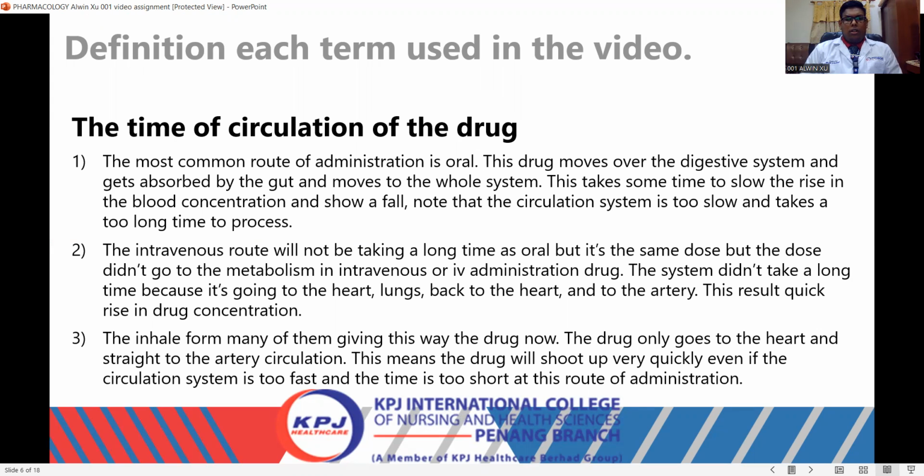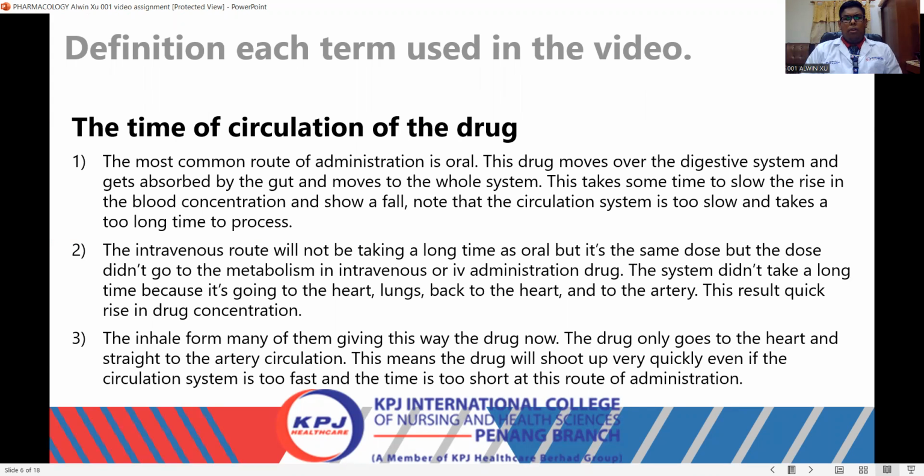The intravenous route does not take as long as oral, though it is the same dose, but the dose does not go through metabolism in intravenous or IV administration. The drug does not take a long time because it goes to the heart, lungs, back to the heart, and to the artery. The result is a quick rise in drug concentration.